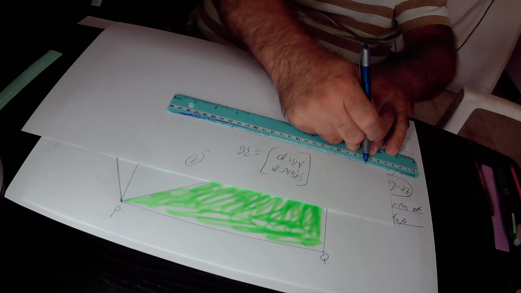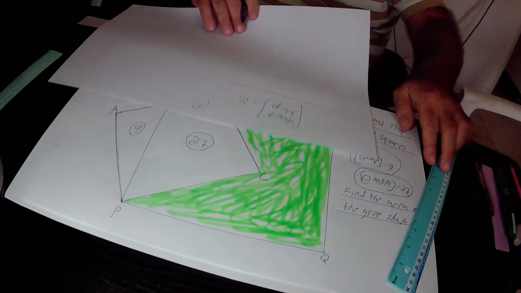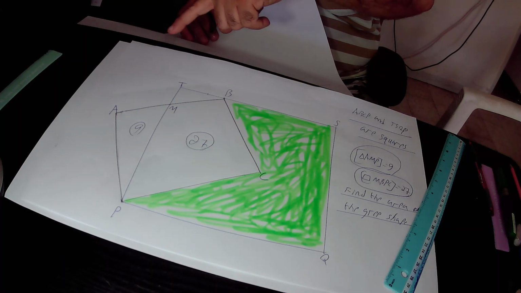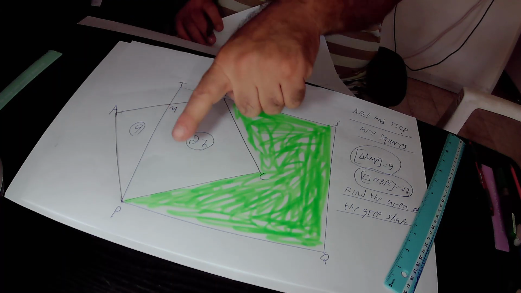That is from one side, but from the other side, we know that the area of any square equals the length of one side squared. Therefore, the area of the small square ABCP is equal to the length of side AP squared.